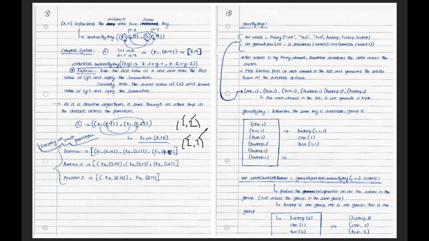Having said that, your tuples always start like, for example, (1, 2), (1, 2), like that.